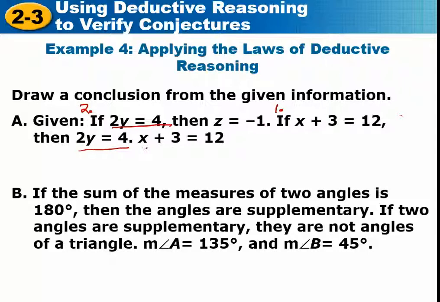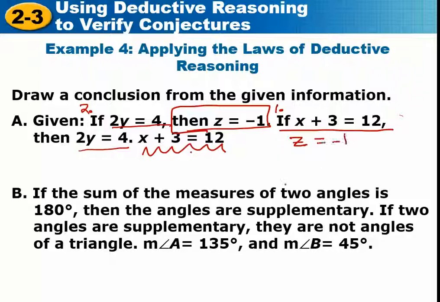And we're also told that this is true. Is this the hypothesis of our first sentence? See how they match? That's the hypothesis, which means that then our conclusion is also true. So our conclusion should be that z equals negative 1. Now we're not even trying to solve these equations or anything. We're just trying to look at the different parts and the hypothesis and the conclusions and go from there.